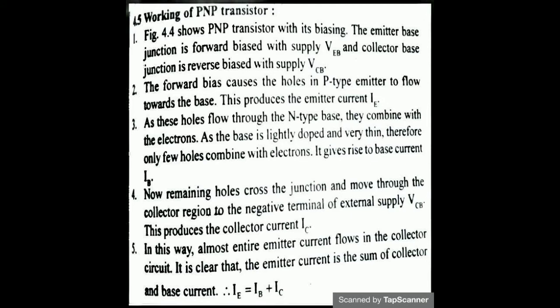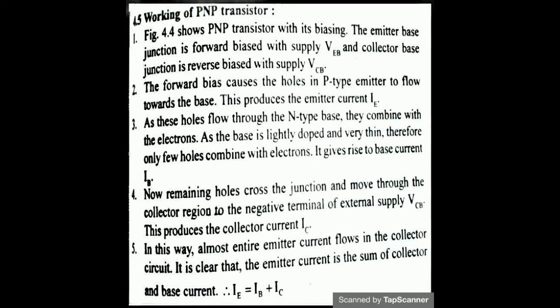Working of PNP transistor. The figure shows a PNP transistor with its biasing. The emitter-base junction is forward biased with supply V and the collector-base junction is reverse biased with supply V. The forward bias causes the holes in the P-type emitter to flow towards the base.